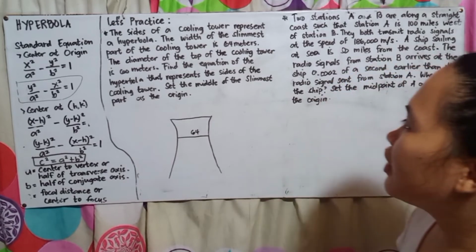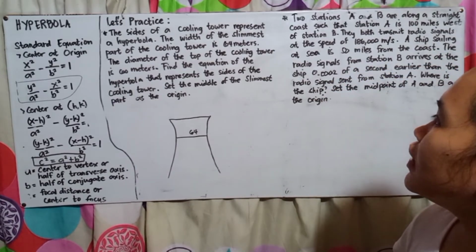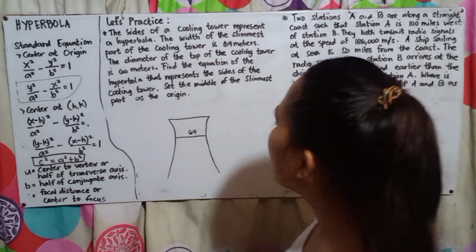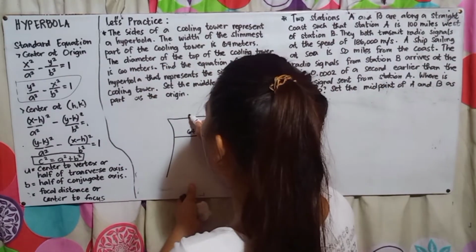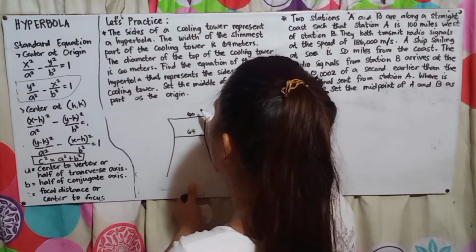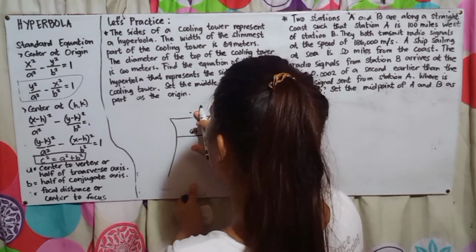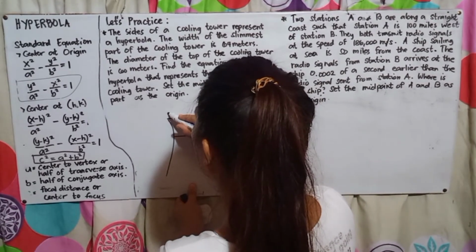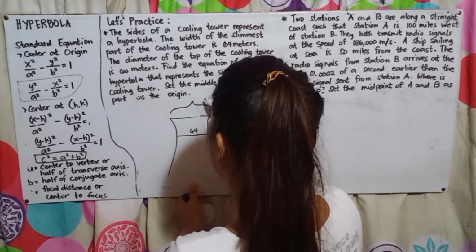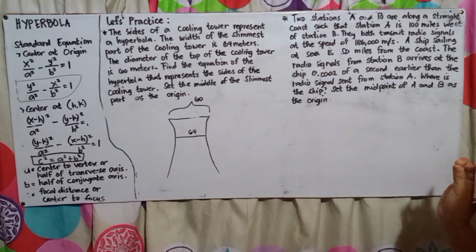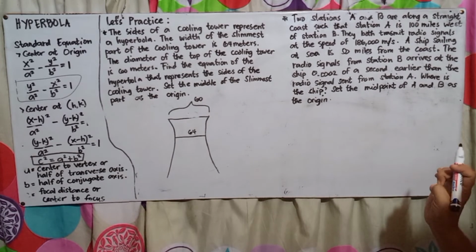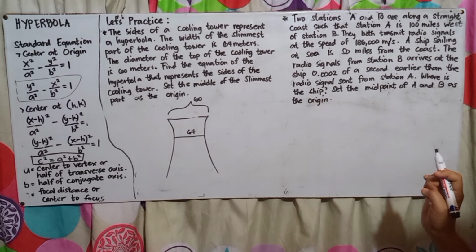The diameter of the top of the cooling tower is 60 meters.